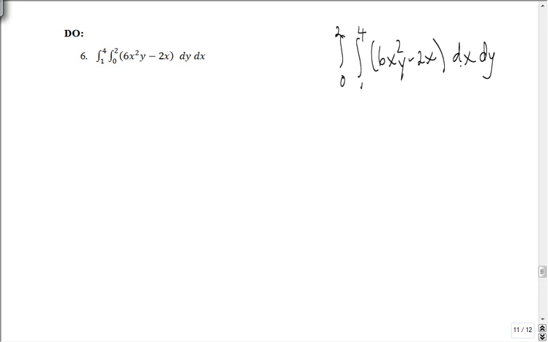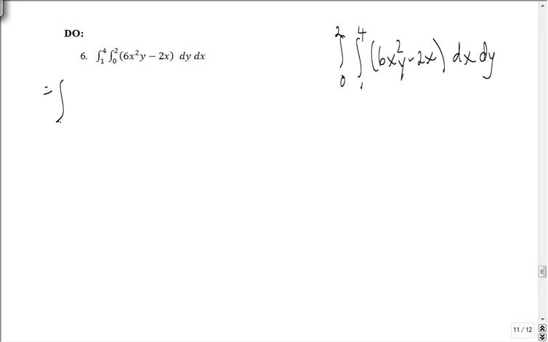You get the same answer, and the reason is because it's over a rectangle. How do I know it's over a rectangle? The limits are all constants, all numbers. The next time we're going to do integrals over more general regions, and you're going to see variables here. This means you cannot interchange, okay?